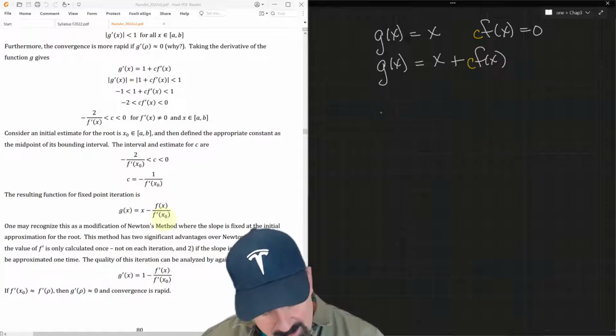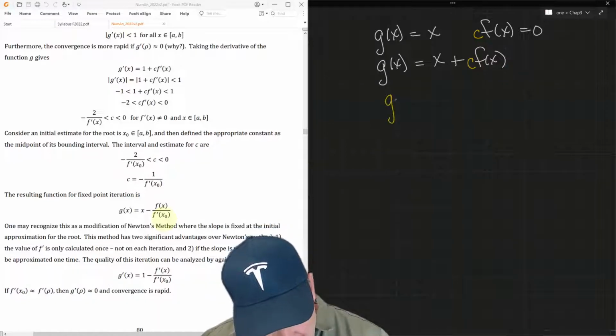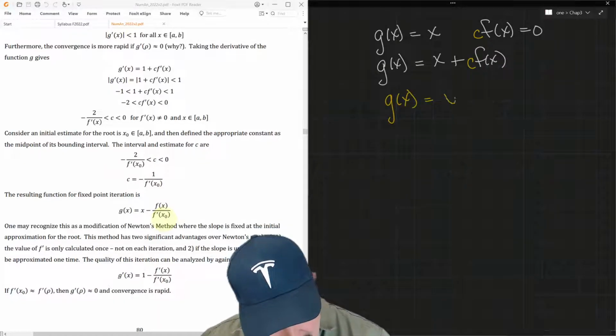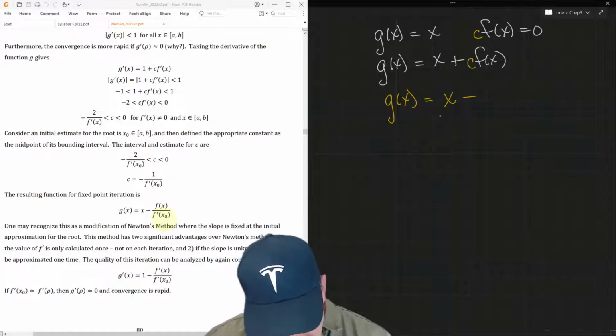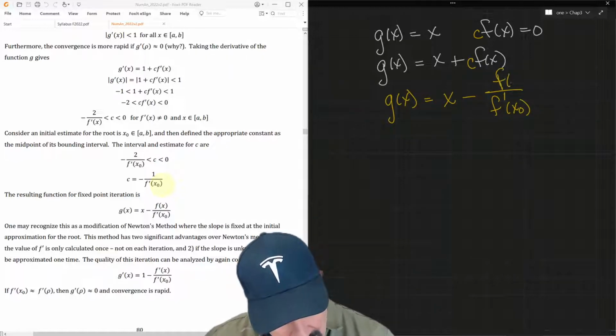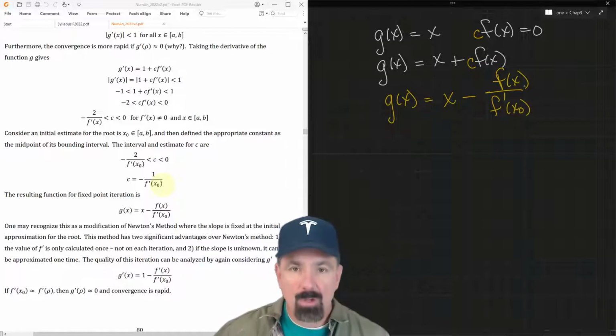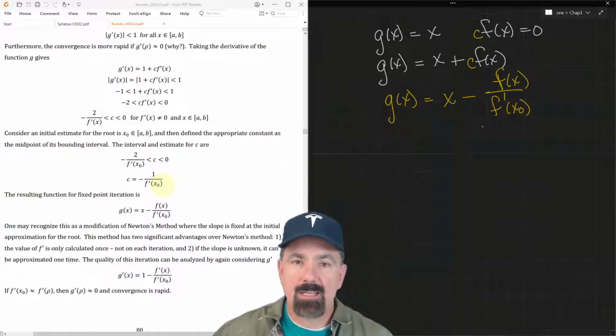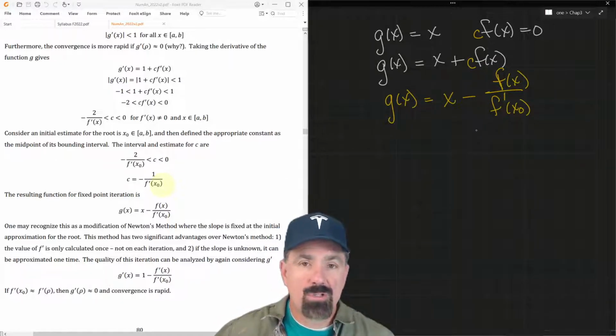So let me write this down. I end up with g of x is equal to x minus, and substituting in that c value, I have 1 over f prime x naught, and then I have f of x in the numerator. Well, looking at this, what do you see? This is almost Newton's method.